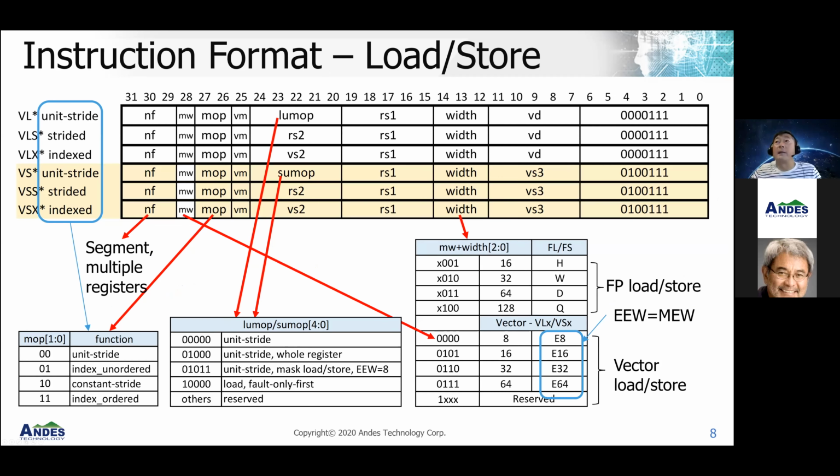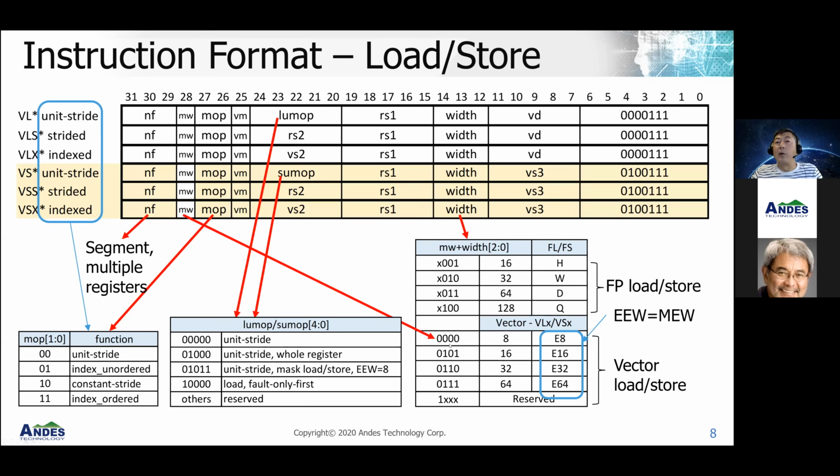The format: the first set here is the vector load instruction, and the second set is for the store, and then the width. We do not want to overlap with the encoding for the floating point load store, so we do not use the code here; the 3 bits here are not used.